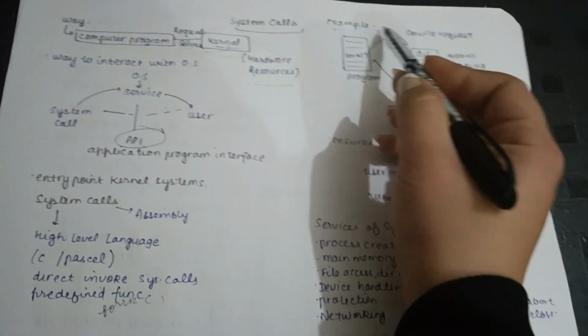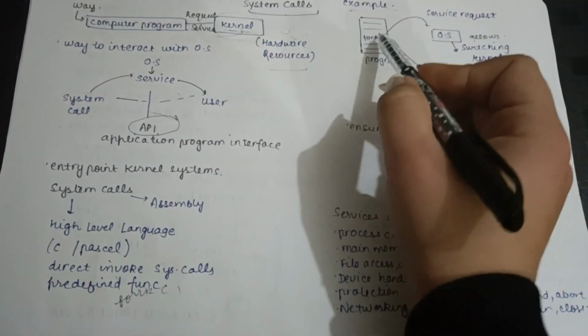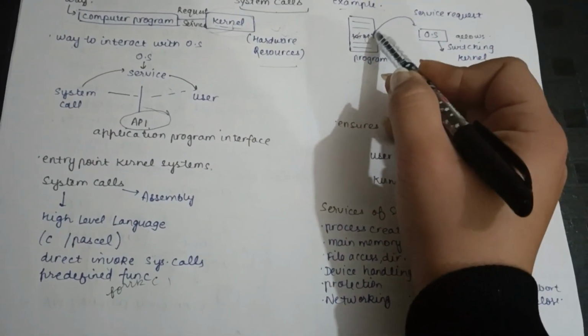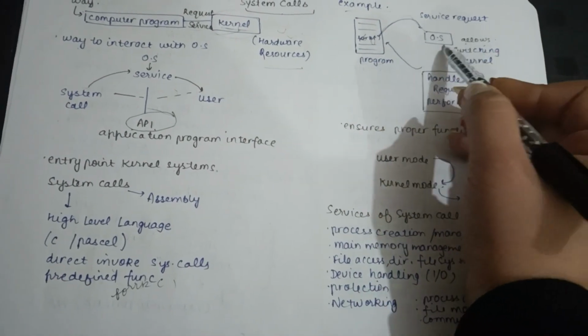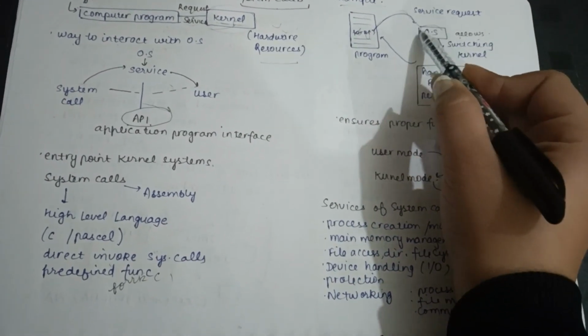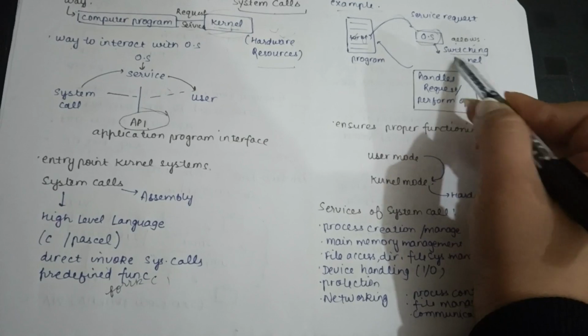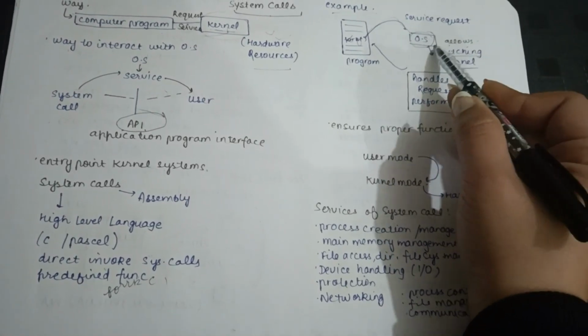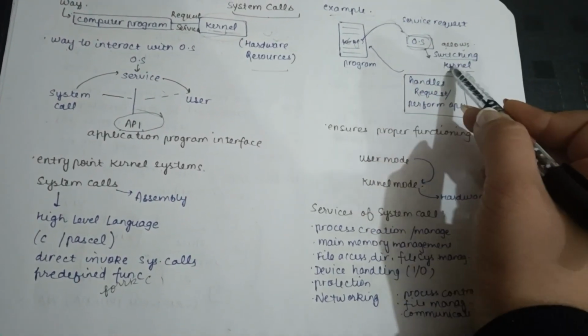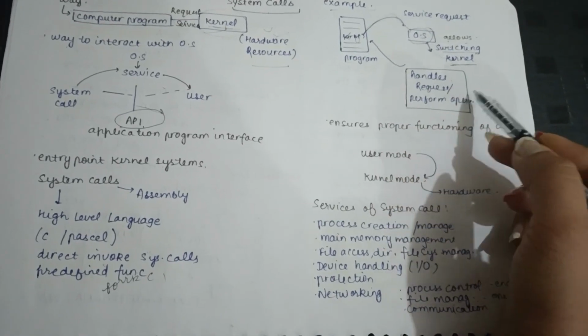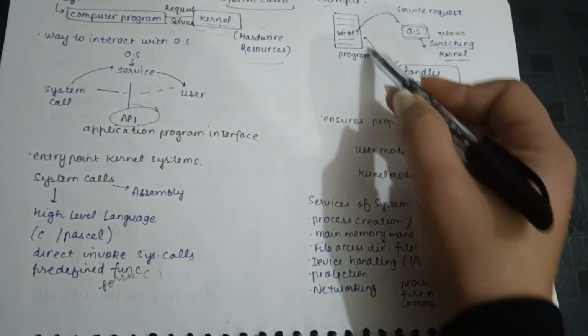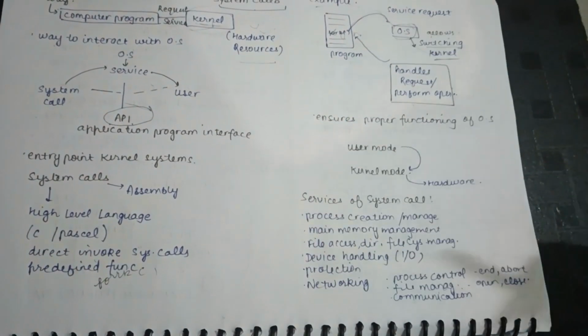For example, if I am running a program in which I am having any system call, it would request the service from the operating system. And the operating system will allow switching to the kernel. It will give the control to the kernel, and then it would handle the request and perform the operation, and return back to the program it was called by.